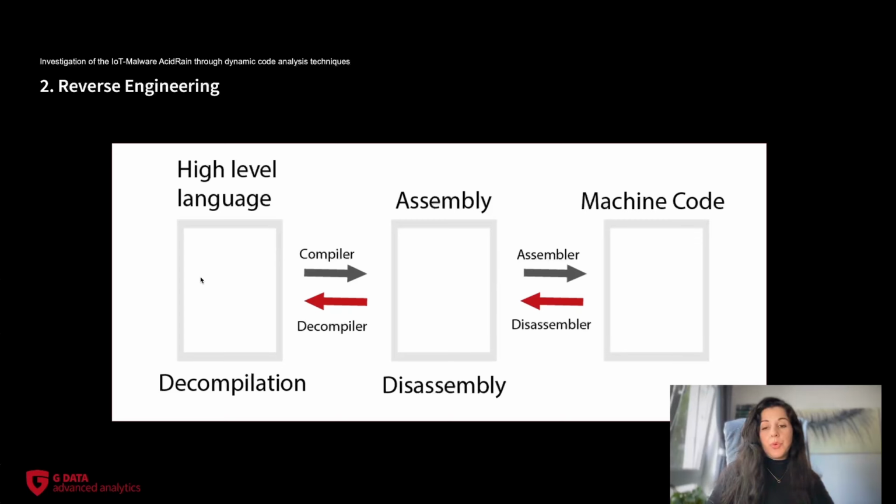They try to maybe encrypt parts of the program, or they pack the malware. So it's not so easy for the reverse engineer to analyze the malware. And this is the way which goes from machine code to disassembly to the decompilation, and there the refactoring of the code begins.